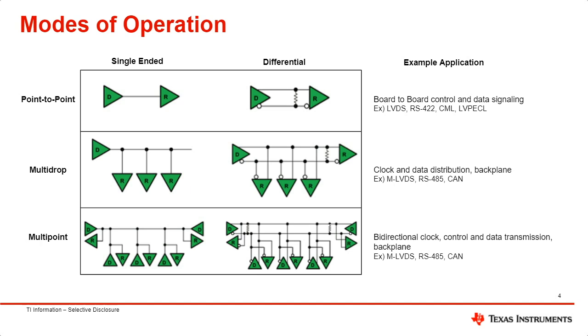And the third is multi-point configuration, where the key factor here is that you have multiple drivers communicating over the same bus. Certain standards are better suited for point-to-point, and certain standards are better suited for multi-point and multi-drop due to the additional loading on the bus. And we'll talk about that a little bit more as we talk about the LVDS and MLVDS standards.